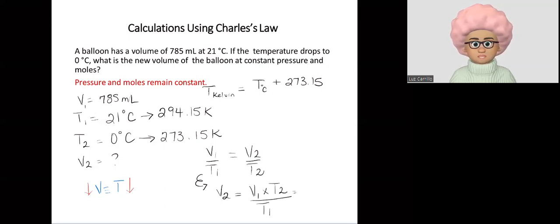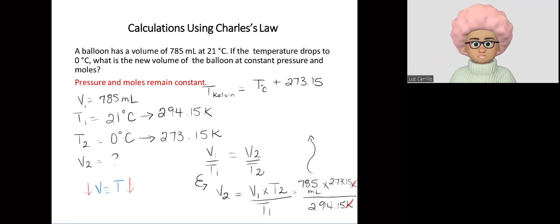Now let's plug in our numbers. 785 milliliters times 273.15 Kelvin, everything divided by 294.15 Kelvin. My Kelvin units cancel.